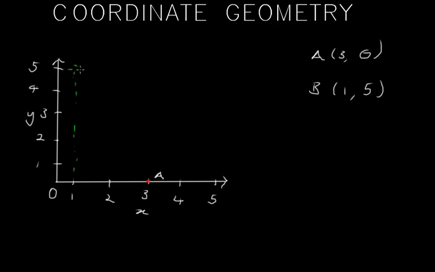So we would assume our point B is right at the intercept of those two lines. So our point B is there, right? So we've done the first part, which is identifying the points A and B.